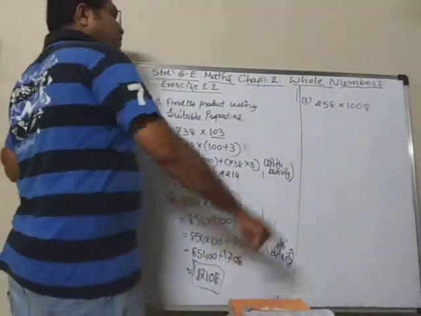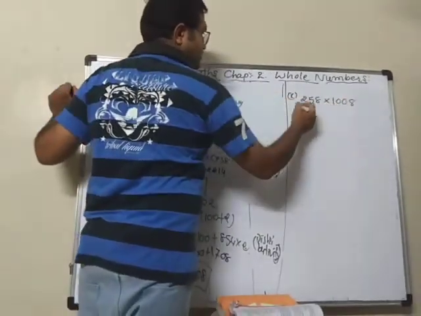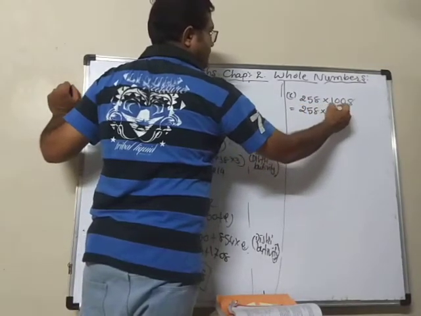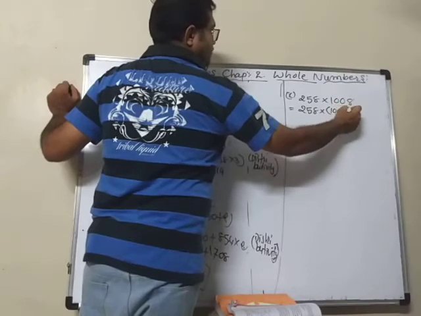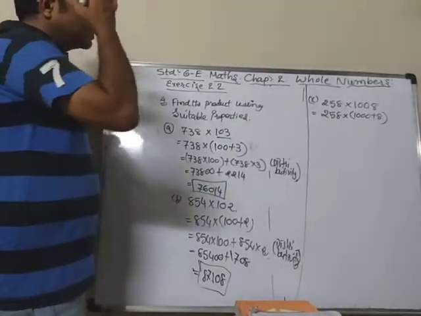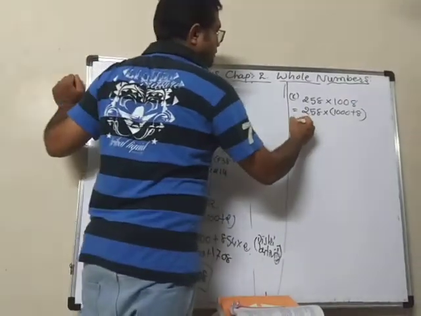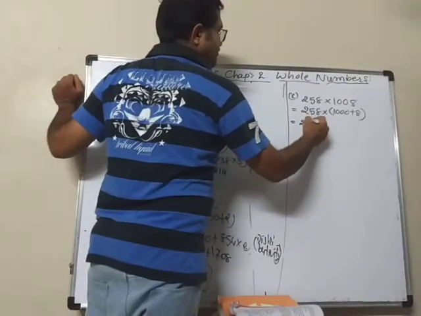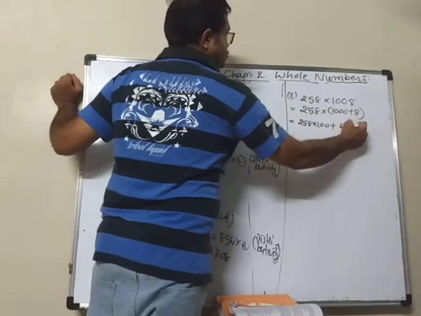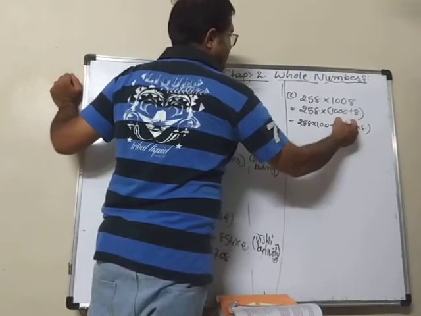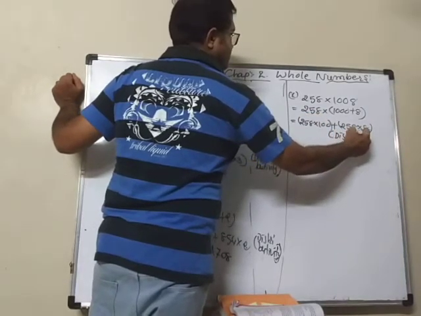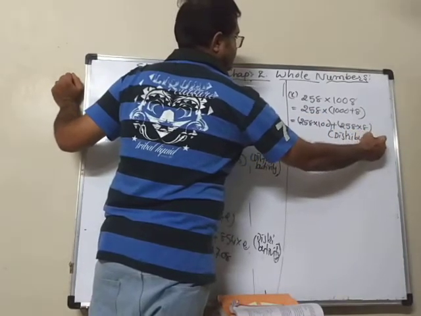So now also it will be easier. 258 multiplied by 1000 plus 8, which is equal to 258 multiplied by 1000 plus 258 multiplied by 8. Here also we are using the same thing, distributivity.